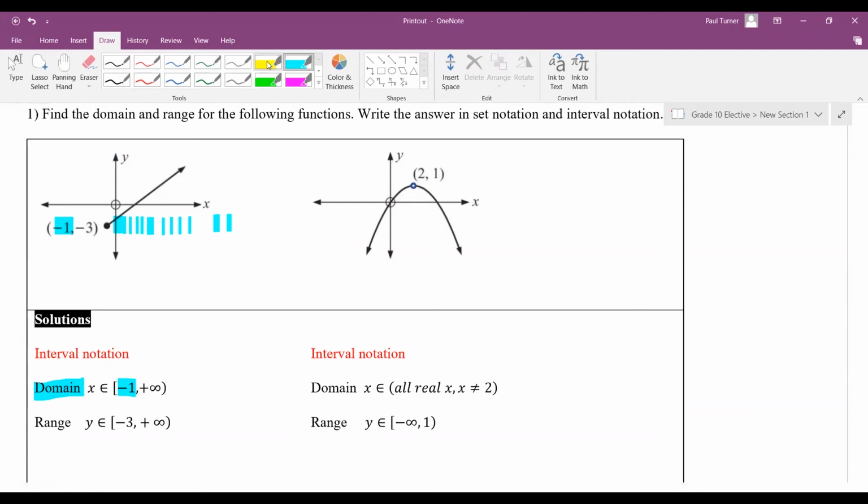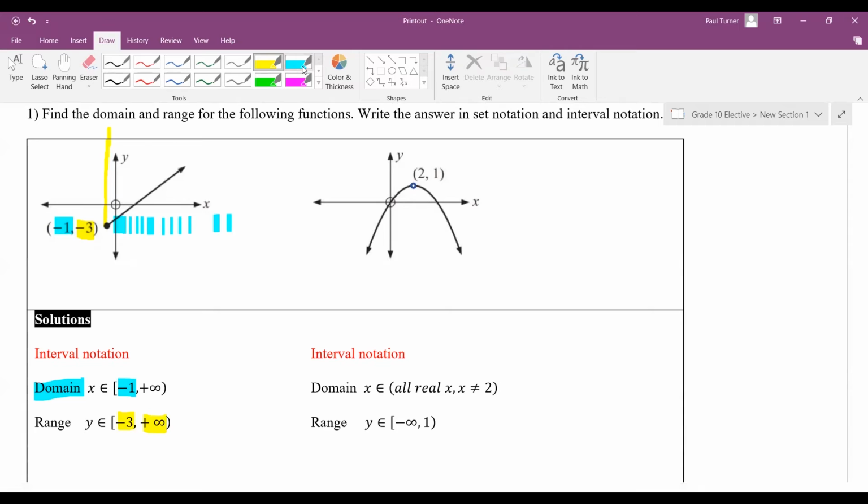And then your range is going to go from the lowest value up in this direction. So it's going to go from -3 up. So your graph is going to the right, but it's also going up. So you're going to go from -3 to positive infinity.